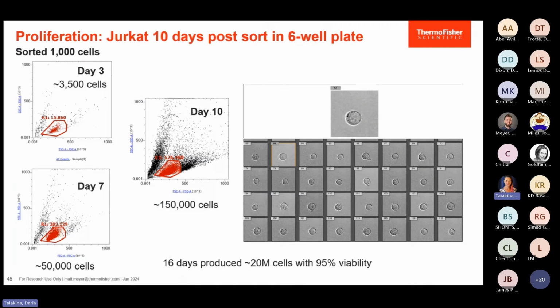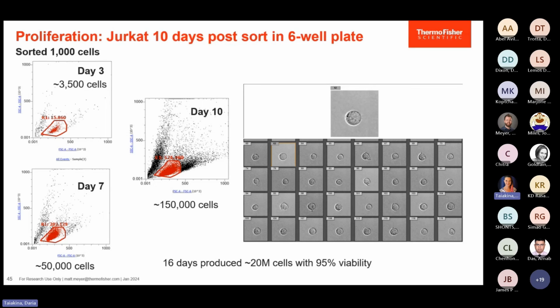In addition to microscopy, we can use flow cytometry imaging to monitor cell proliferation and look at the quality and health of the cells. In this case, 3, 7, and 10 days post-sort. We can image live/dead on the Attune CytPix. In this case, the cells looked healthy, so we continued to culture these, all the way out to day 16, where we started with 1,000.